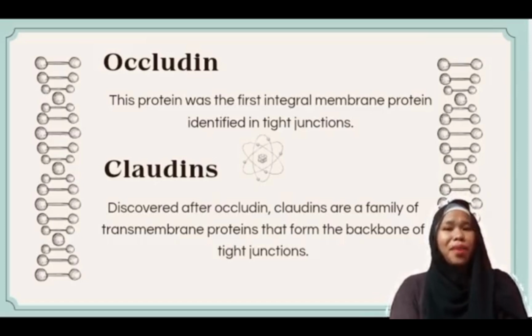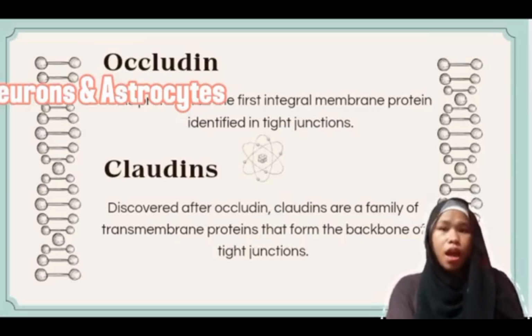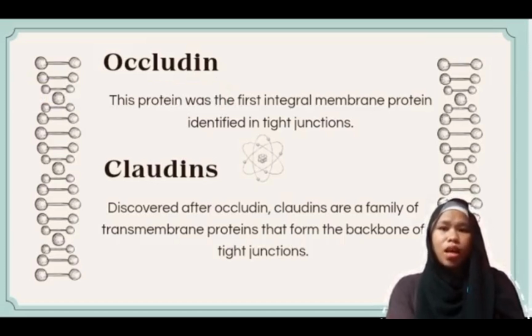Always keep in mind that occludins are not only present in epithelial and endothelial cells, but also expressed in cells without tight junctions, such as neurons, astrocytes, and so on. This suggests that occludins may have additional functions beyond tight junction formation.